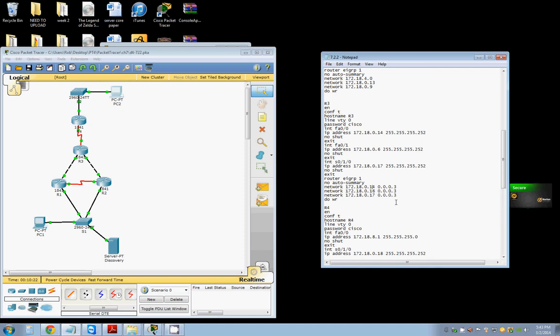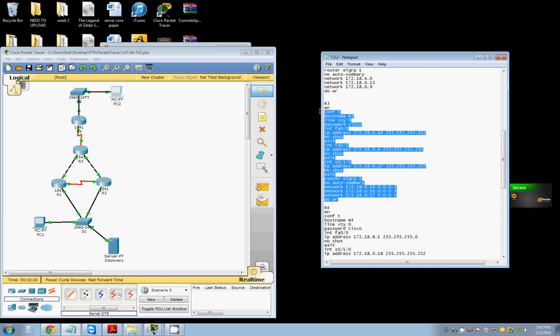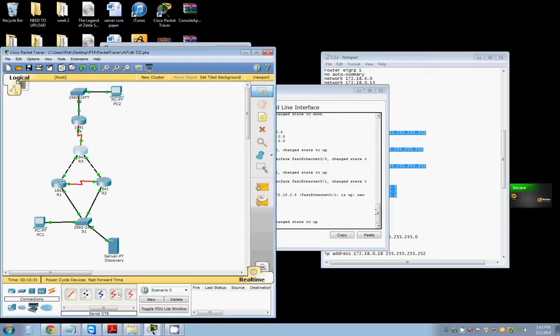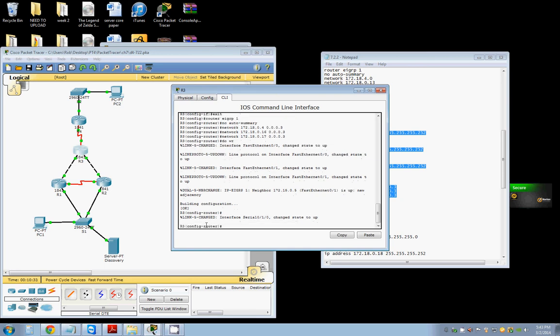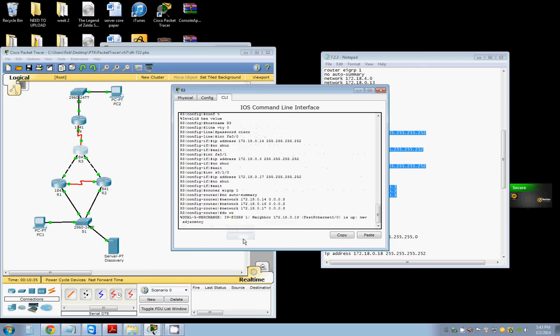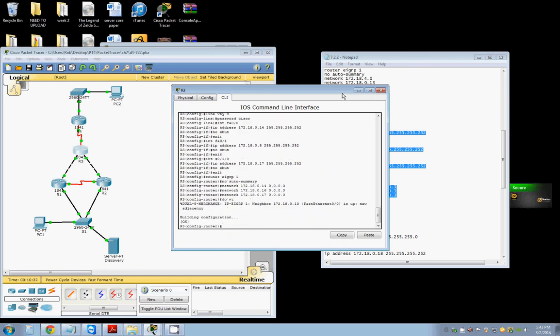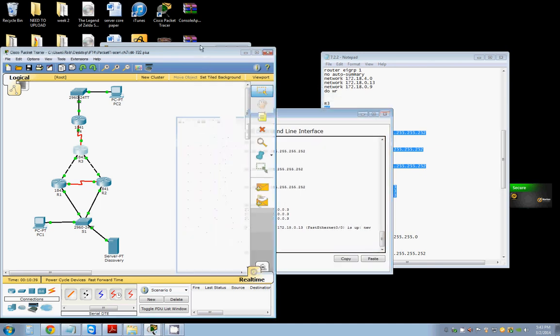That's supposed to be 14. So that was router 3. Alright. Now hopefully that fixed our problem.